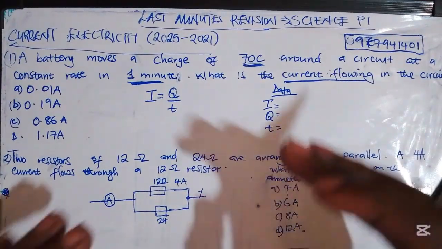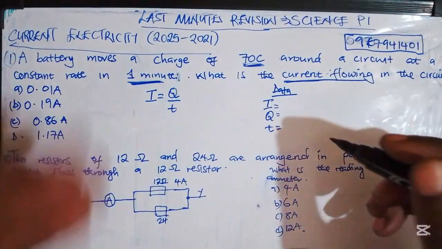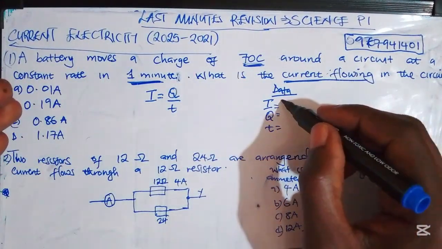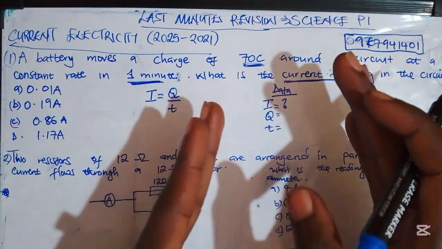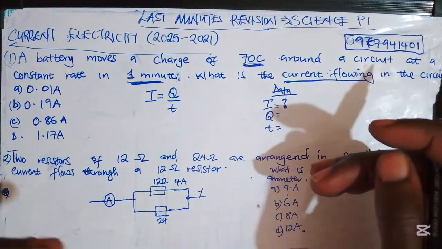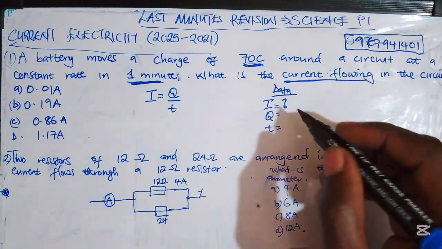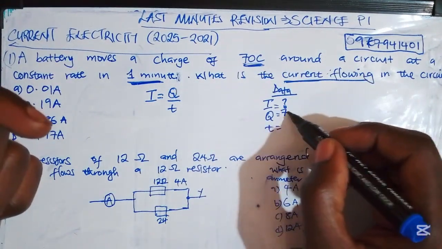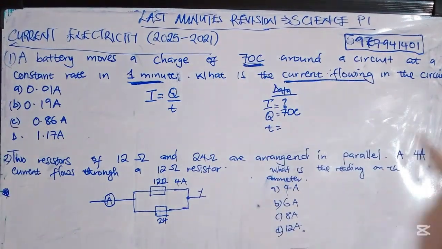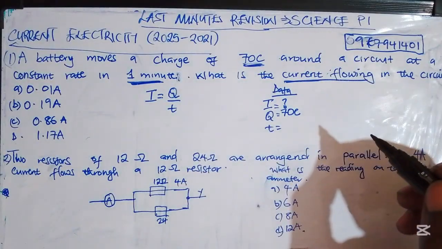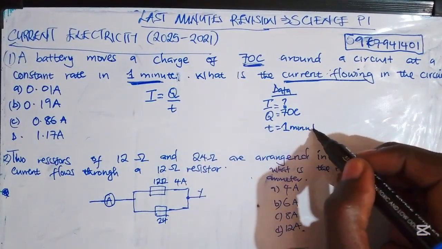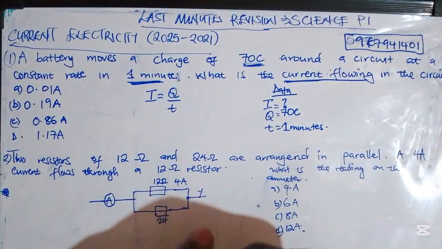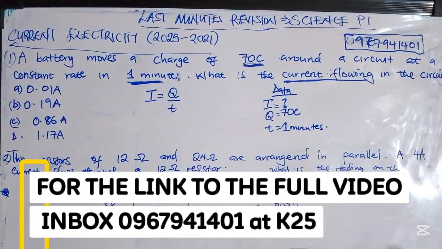Our current is the one which we are calculating, so we put a question mark. Moving on to our charge, it is 70 coulombs. Our time is 1 minute. So our step 2 is done. We have written the data.